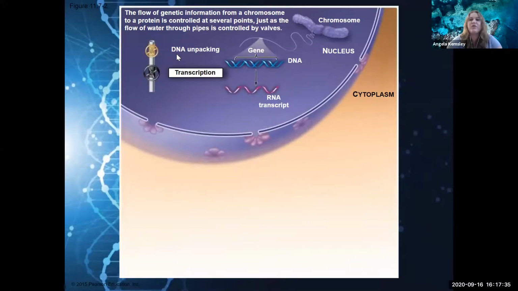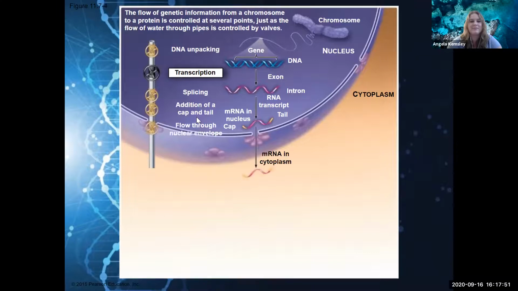Then during transcription, when we are transcribing DNA to RNA, there's a control point there. During splicing, when we are removing those non-coding regions and adding a cap and a tail, both of those can be control points. When the mRNA is leaving the nucleus and going into the cytoplasm, flowing through the nuclear envelope, that's another control point.